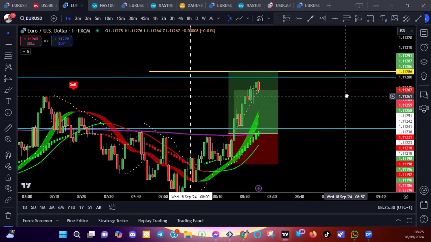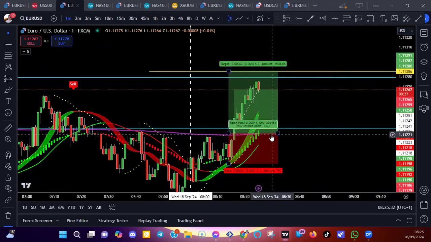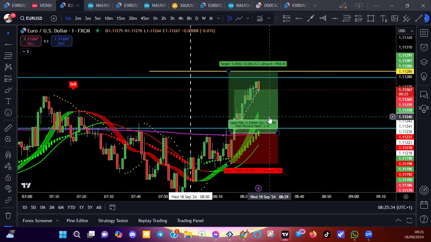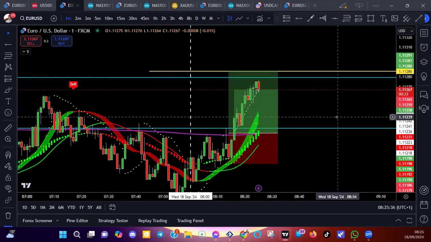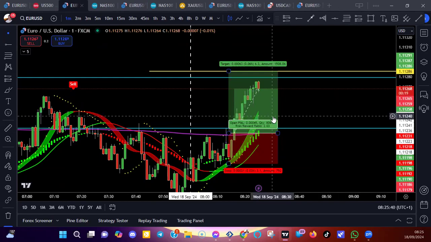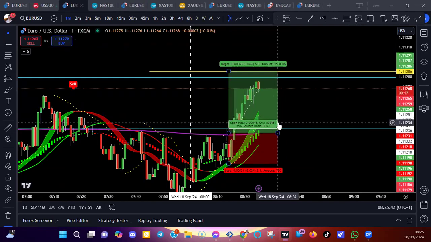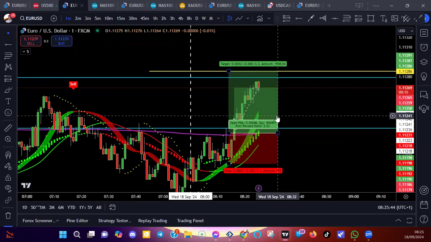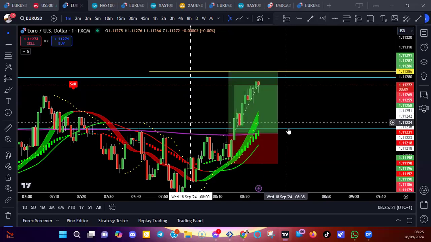But if you had been in this trade, no matter what, you could have raised your stop loss to here to give yourself about 0.4%.